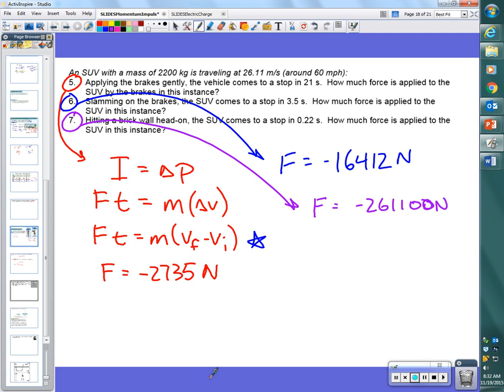Do it again. You're supposed to subtract the before you multiply it. But the V final in this case is 0. So, yeah. Okay. Inside or outside? Yeah. Okay. If you need to go to the restroom, feel free.